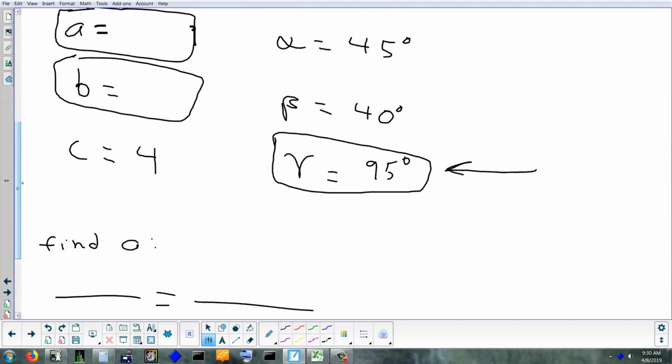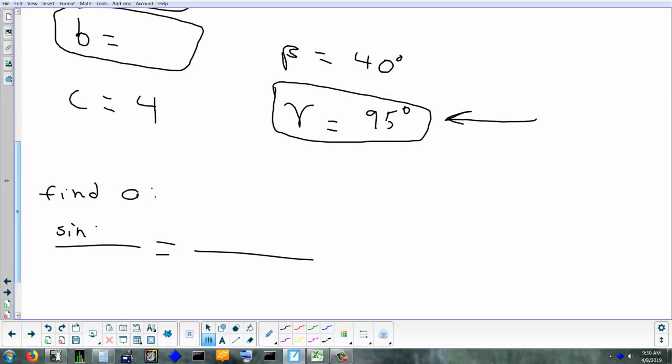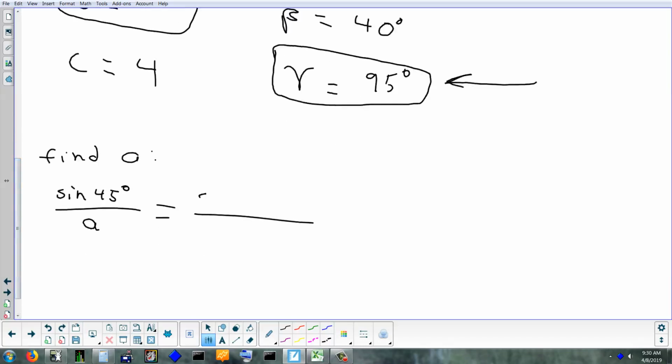Sine of 45. Yep. And A at the bottom. A in the bottom. Okay, that's good. You get the left. Can somebody else set up the right side? Sine 95 over 4. Yep. Sine 95 over 4. Perfect. There's your proportion.